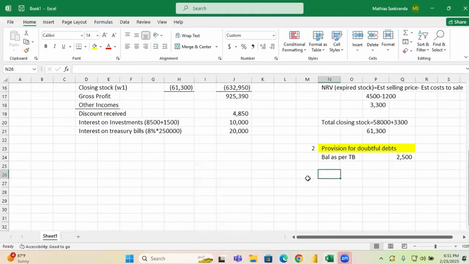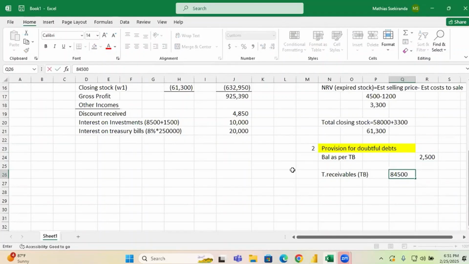So we come here and say trade receivables, these are for trial balance, 84,500. I want to put them in the same line with this provision because we shall just compare it.